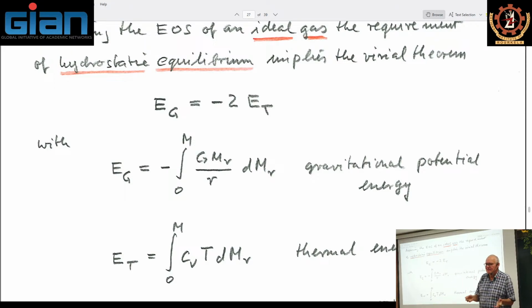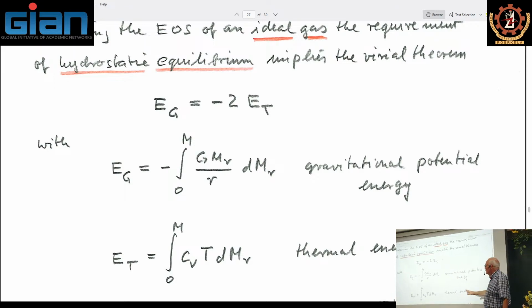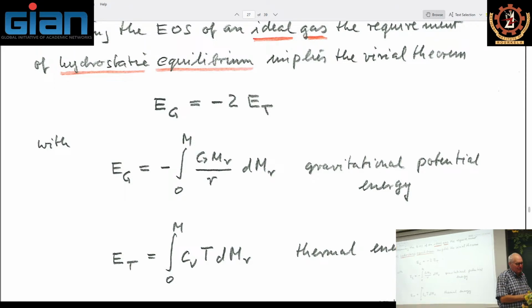For instance, if we take pure radiation, then we will end up with a factor of -1 here. So keep in mind: hydrostatic equilibrium, no energy conservation, and an ideal gas equation of state. With another equation of state, we may end up with a similar form, but not with the factor of -2 in front of the thermal energy.